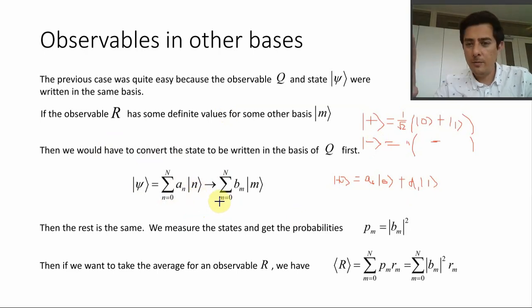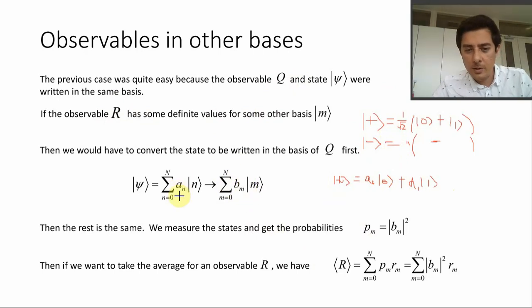Then we have to convert that to the same basis as we write for the R. So, for example, we'd have to convert our state here into the plus minus basis. And then once we've written that, the job is pretty much done because we just follow the same procedure as what we were doing before. So we just take these B coefficients.